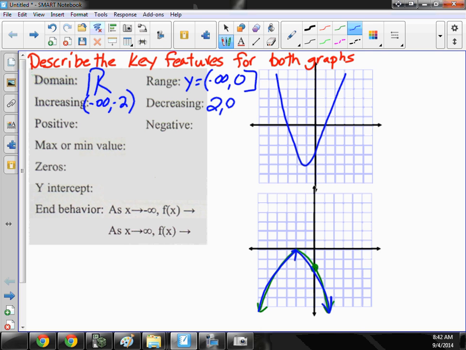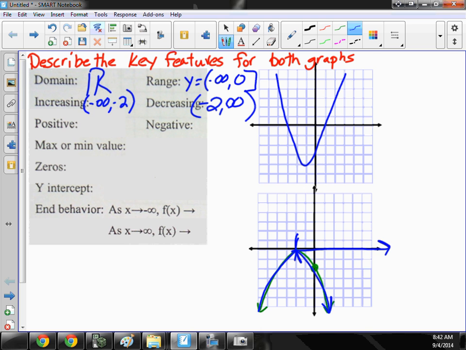No, this is an x value, right? Which x values make the graph go down? Everything from -2 to infinity. Oh, here I am trying to be smart. I thought you said negative infinity. There we go.